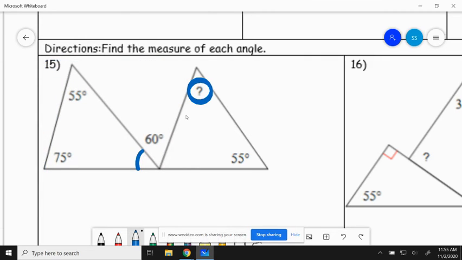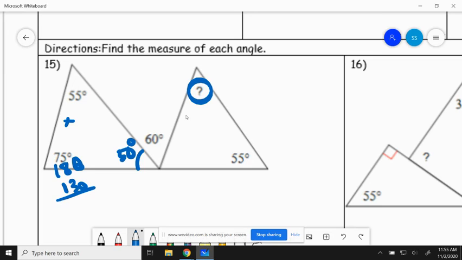So we have that triangle on the left-hand side. So if we add these two up together, 75 plus 55, that's 130. I know that the interior angles add up to 180, so if I do 180 minus 130, I'm left with 50. So this angle is 50.